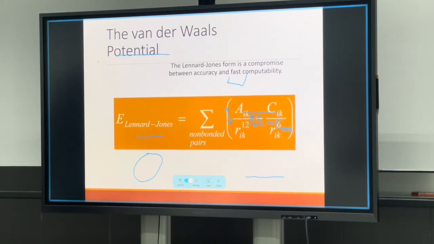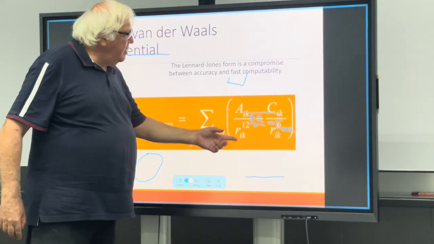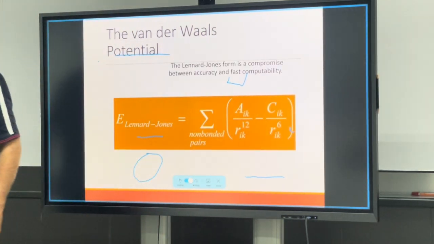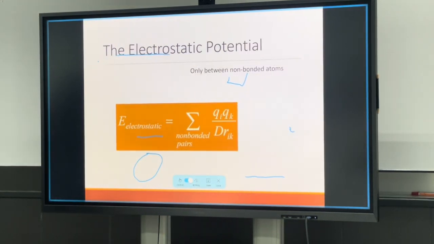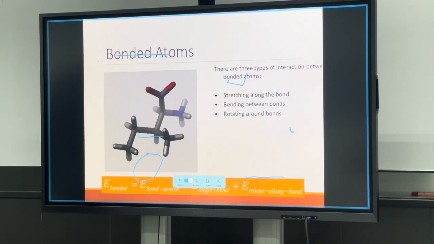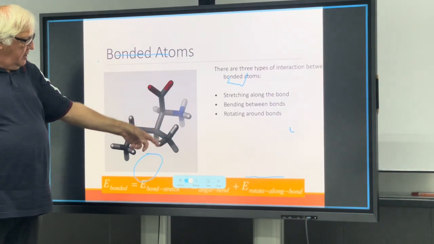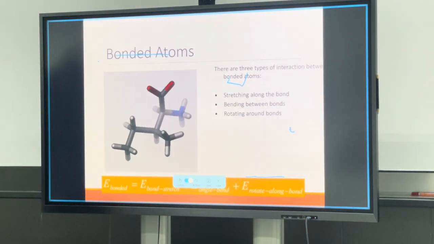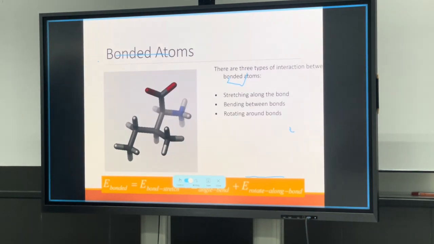That's the formula of the Lennard-Jones. It's the thing that you know already. And the formula for the Coulomb is, of course, that one, which you know also, the electrostatic formula. And this is a summary of the things that we mentioned when discussing the intramolecular interactions.